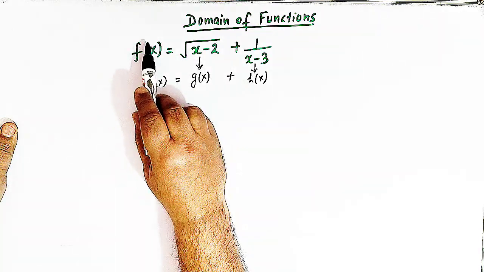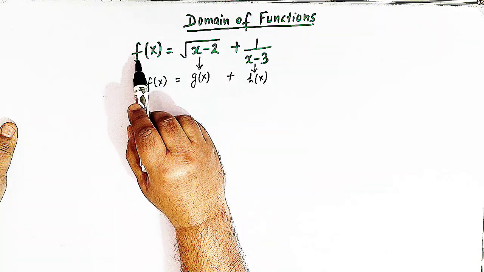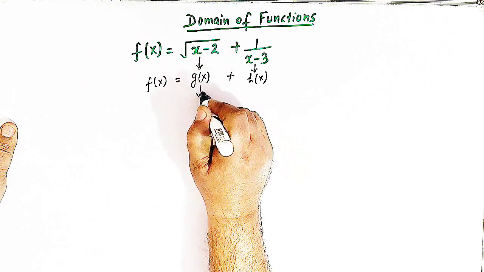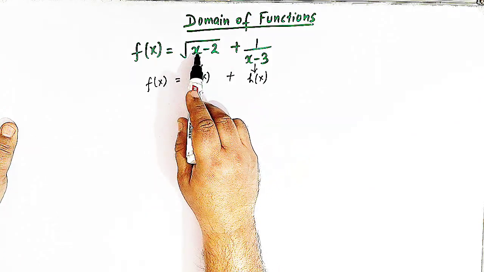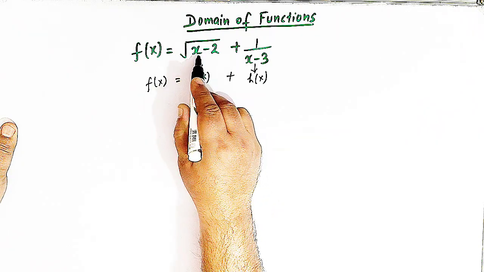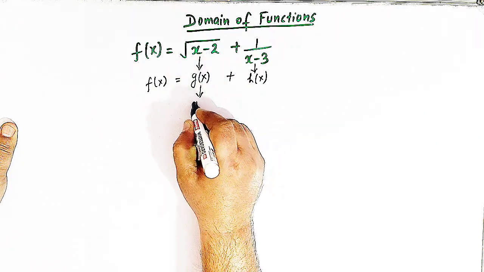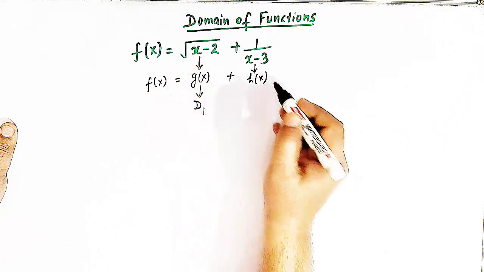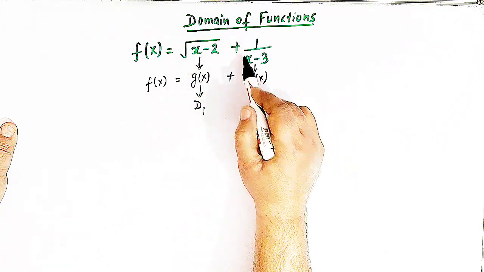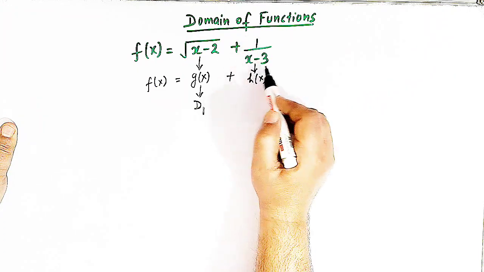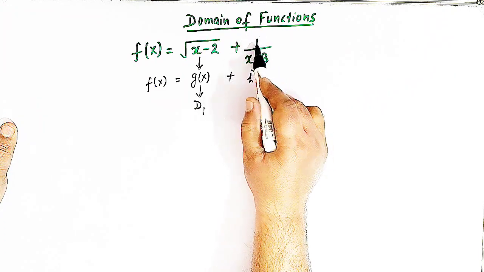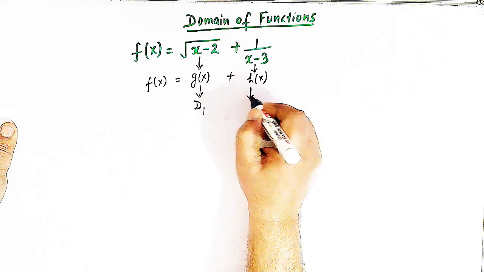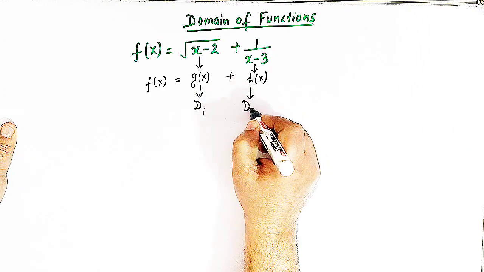To get the domain of f of x, we'll first find the domain of square root of x minus 2, which we call d1, and then the domain of the rational function 1 over x minus 3, which we call d2.